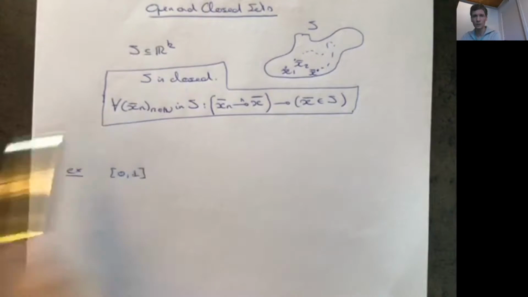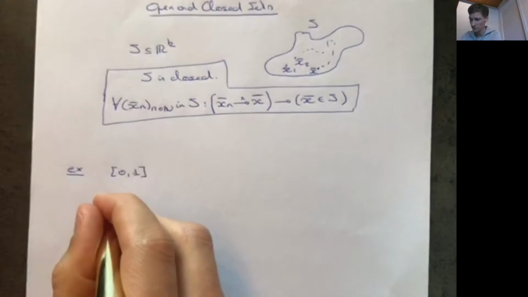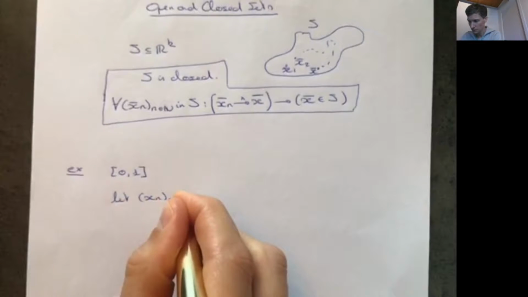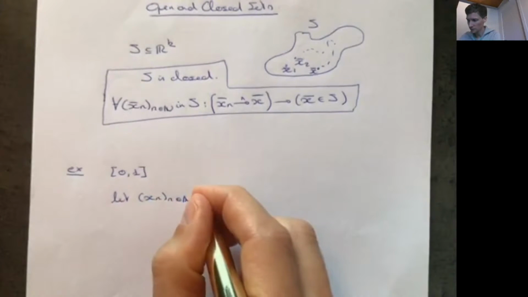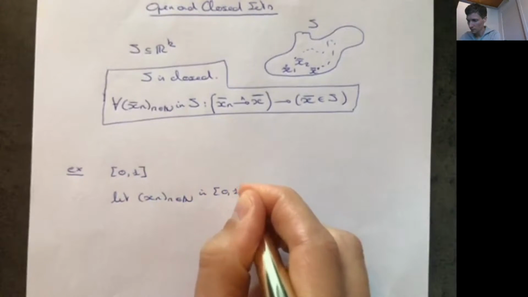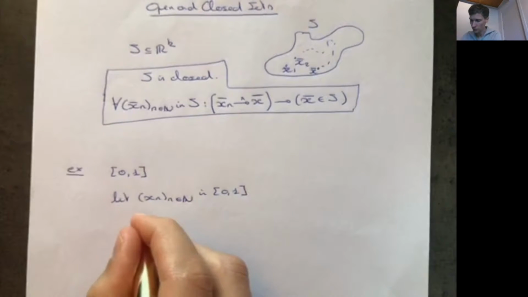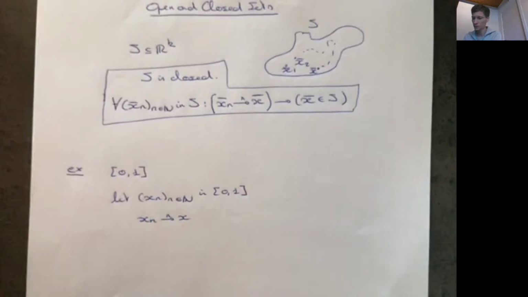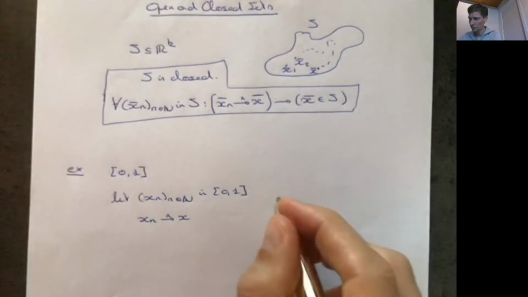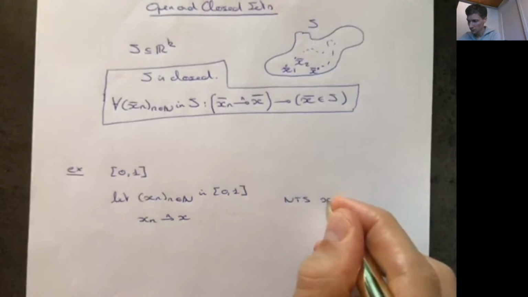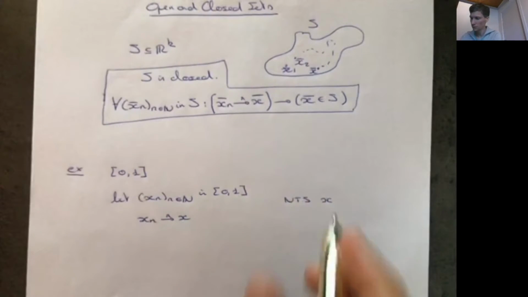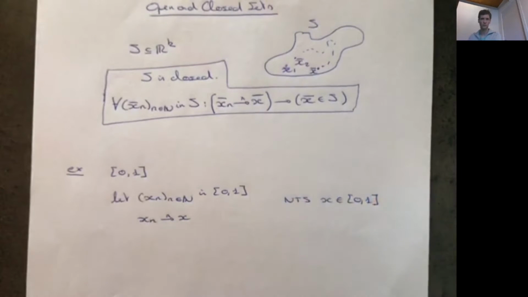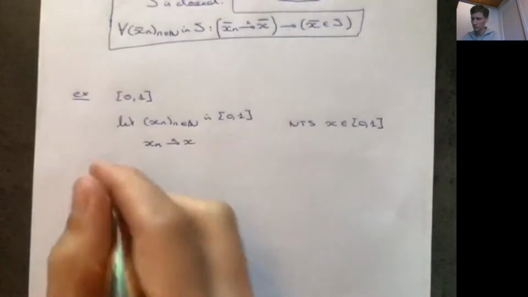Well, we take any sequence xn in [0, 1], and we assume that the sequence converges to some x. What we need to show is that this limiting number x is also in [0, 1].